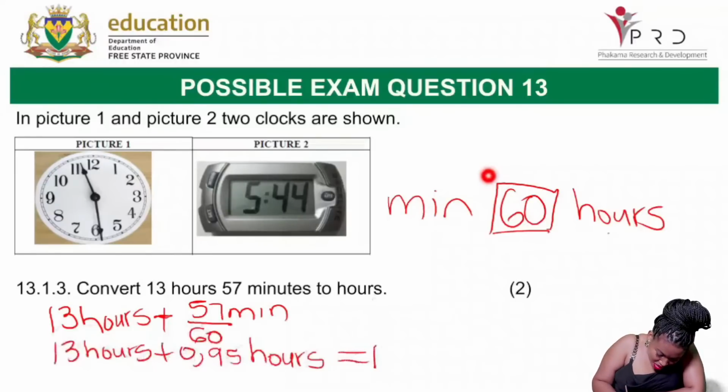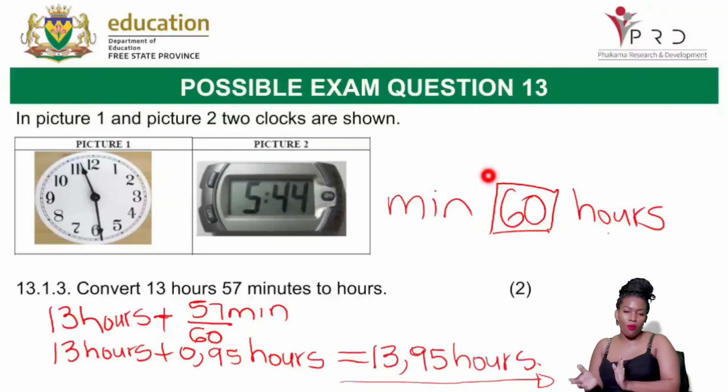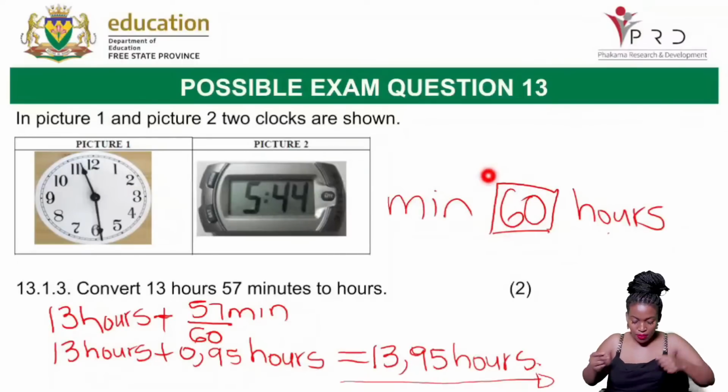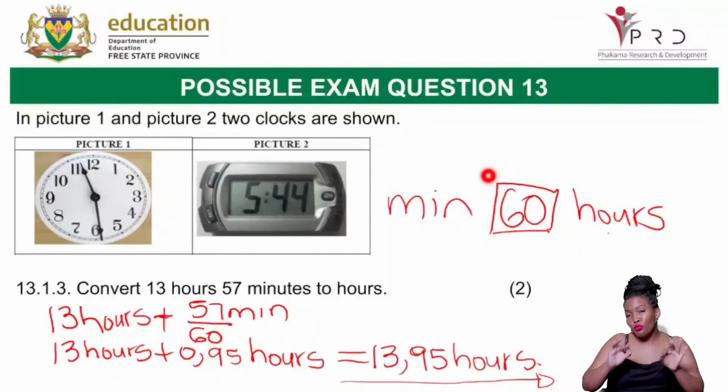You get 13.95 hours. So this is how you convert from minutes to hours. And then you've got your 2 marks. And you don't have to show all these steps that I'm showing. If you're able to get a shortcut, because it's only for 2 marks, you do exactly that. I'm showing you this so that you understand where everything is coming from.